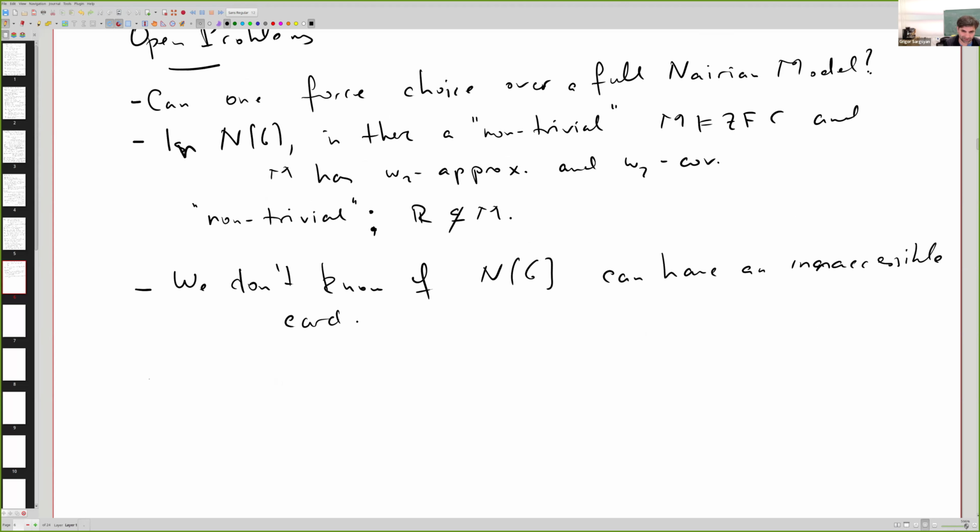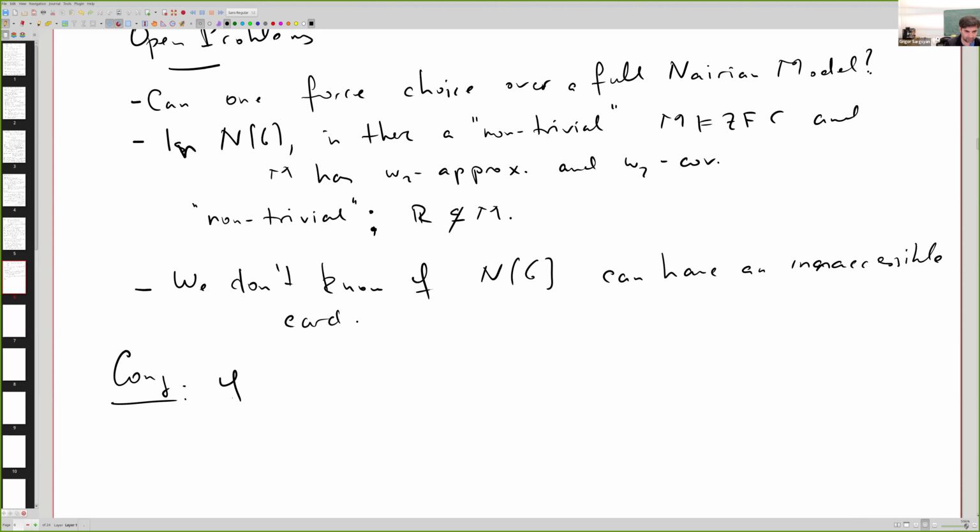Well, Woodin conjectured that you cannot have a Woodin cardinal, but just because we are speculating, let's conjecture something. It's a speculative conjecture, right? It's not like I strongly believe that this is true, but I expect that something like this might be true.